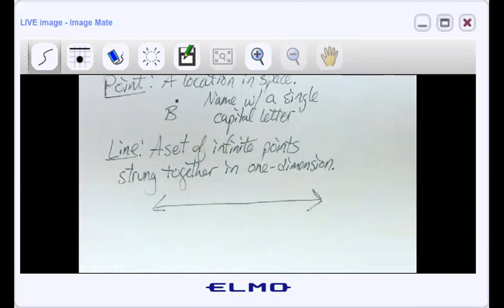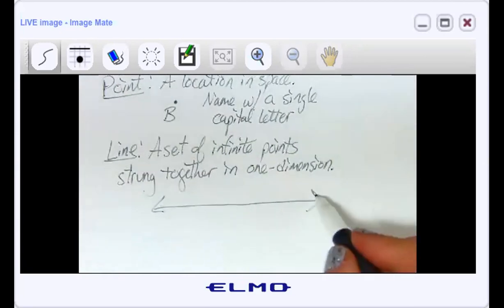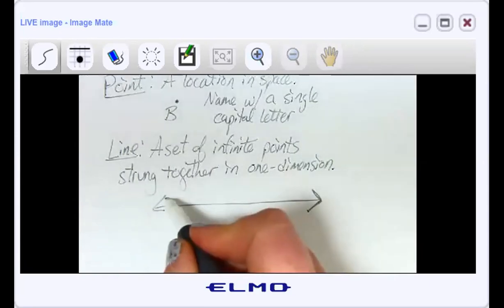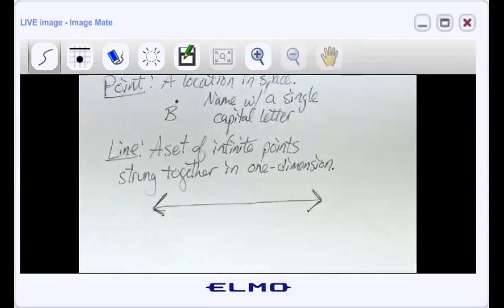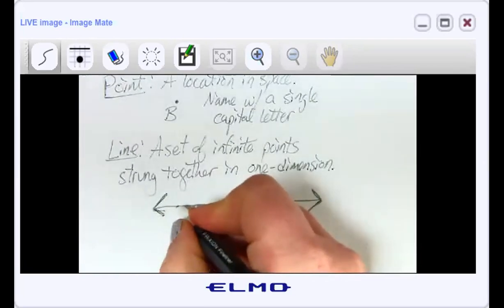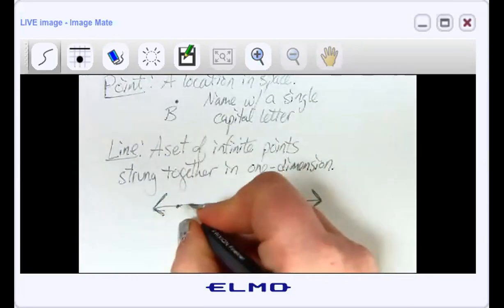This line, okay, let's break this down. You'll notice that I have arrows on both ends. That indicates that this is going on forever. All right, so that takes care of the infinite bit. So really what a line is, it's just a whole bunch of these single points that are all just right next to each other.